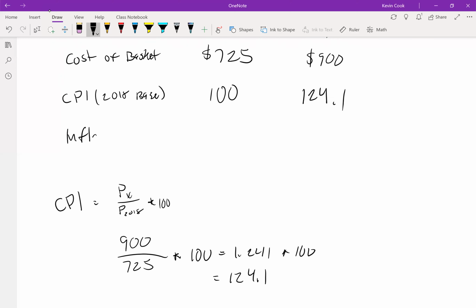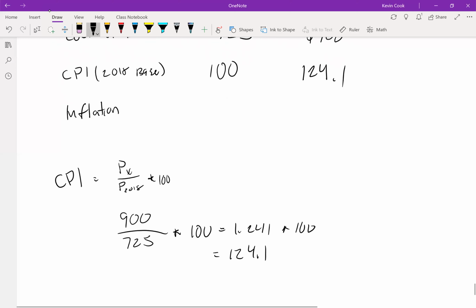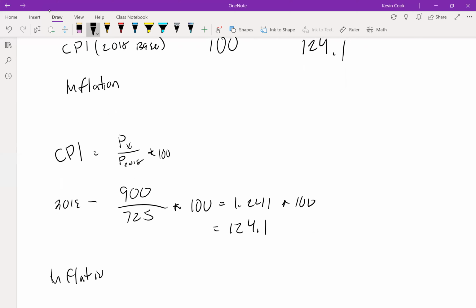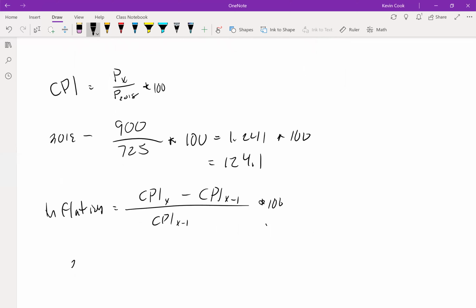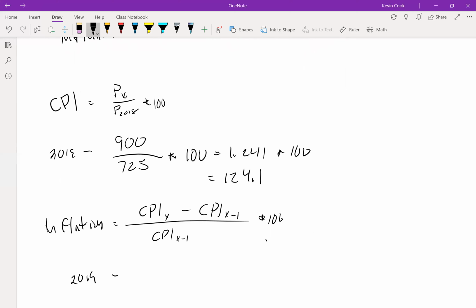And then if we want to calculate our inflation, inflation will be the CPI from a given year minus the CPI for the previous year, divided by the CPI for the previous year, times 100. So for 2019, our CPI was 124.1 and our CPI from 2018 was 100.